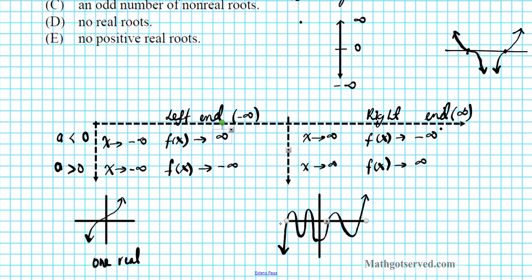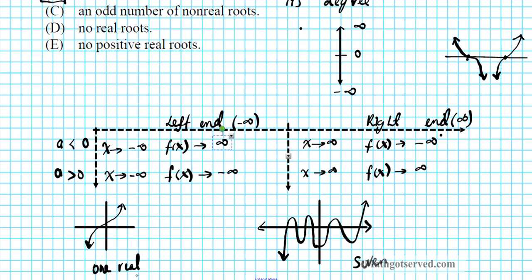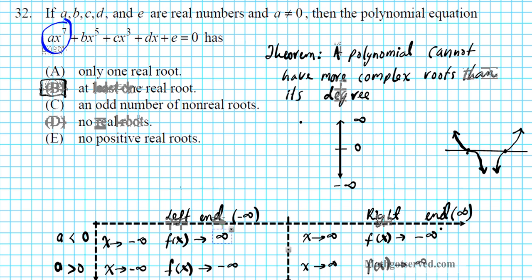This is the maximum number of roots you can have if your polynomial has a degree of 7. We don't know how many roots there are. But what we know for a certainty is that you cannot have anything less than 1, and you cannot have anything greater than 7. So the correct answer here is option letter B.